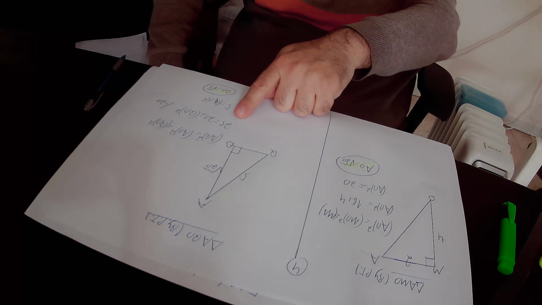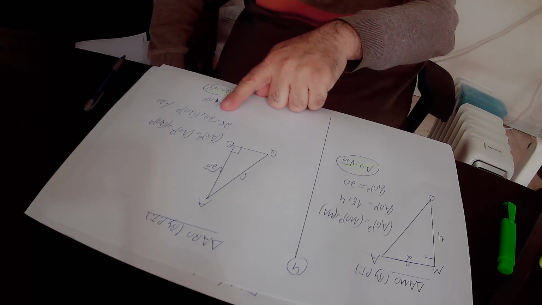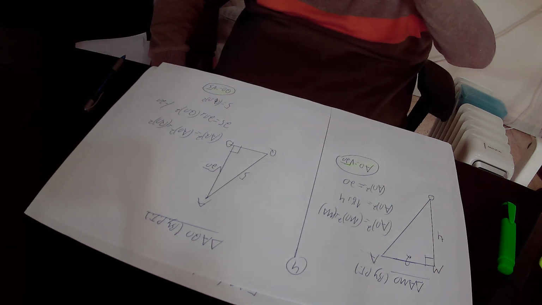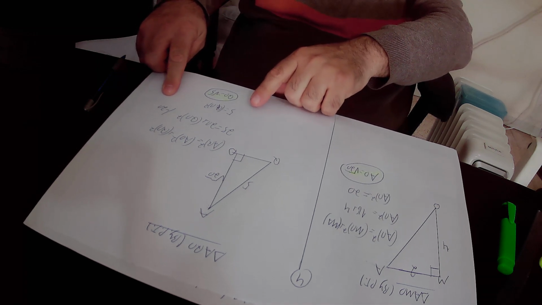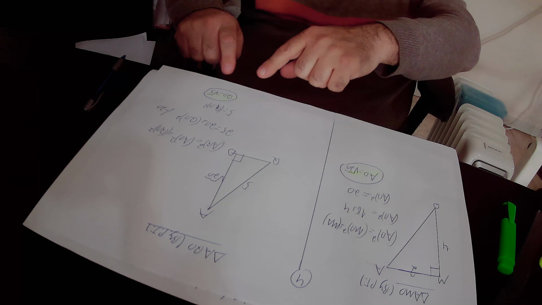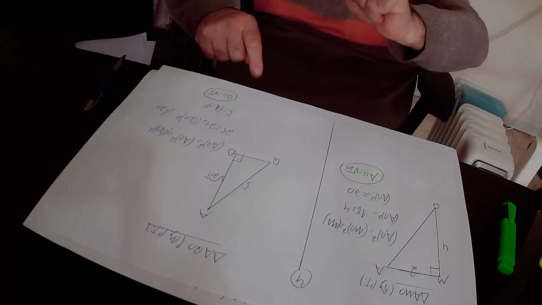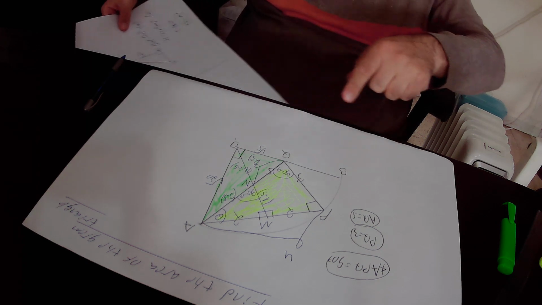AQ is 5, therefore AQ square is 5 squared, that is 25, and it is equal to AO square. AO is the square root of 20, therefore AO square is the square root of 20 squared, that is 20, plus QO square. We subtracted 20 from this equation and found that 25 minus 20 is 5, so 5 equals QO square. We took a root out of this equation and finally found that QO equals the square root of 5 units.